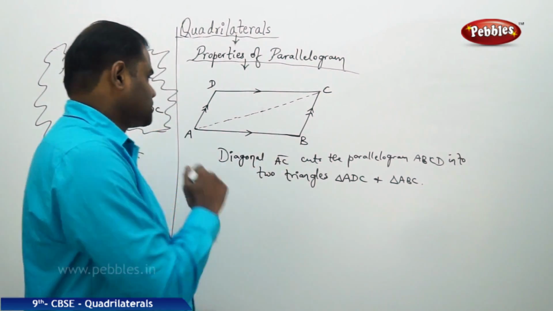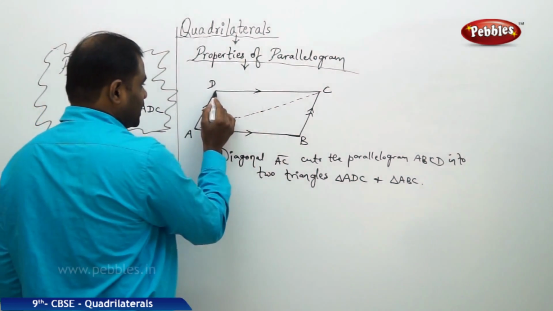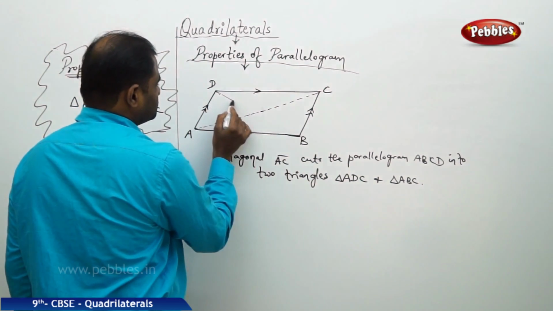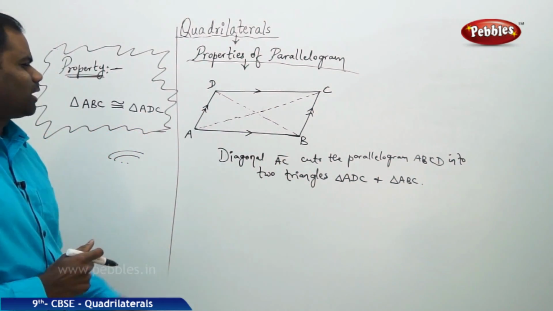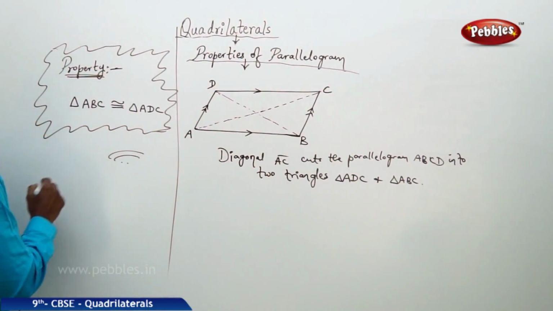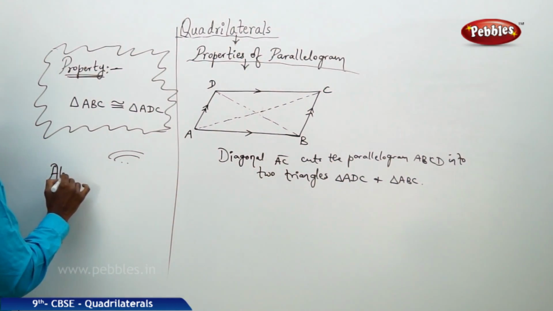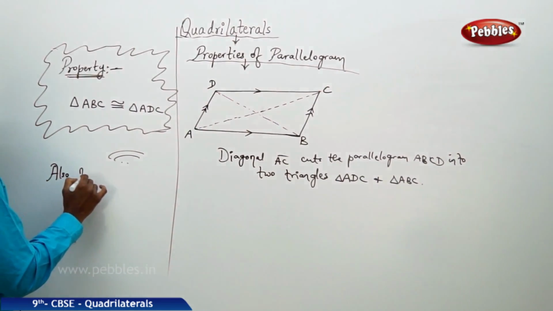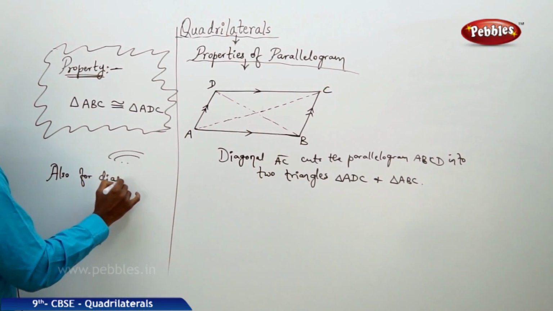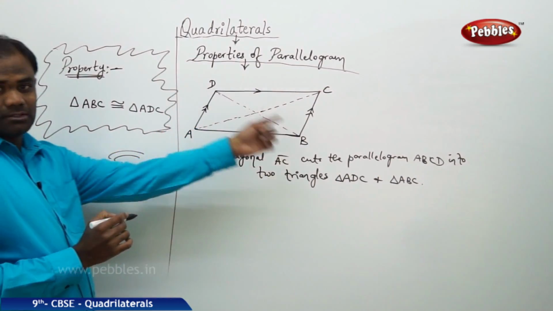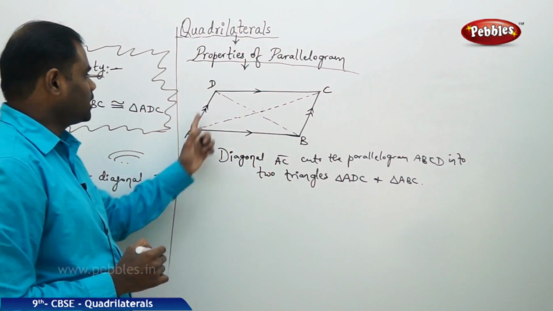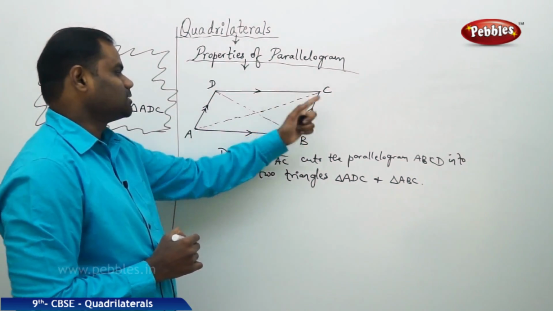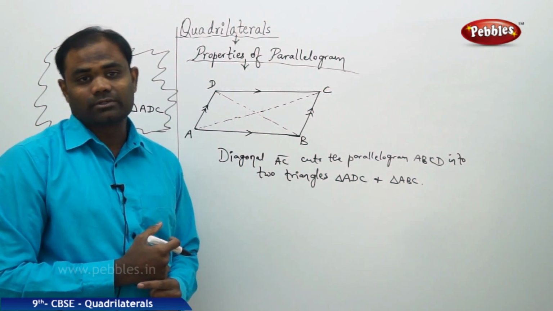Let's take the other case. Suppose I have another diagonal which joins D to B. Now again I have two triangles for diagonal BD, ADB and BDC, which are also congruent to each other.